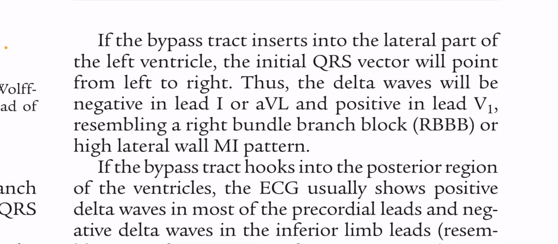Thus the delta waves will be negative in lead 1 or AVL and positive in lead V1, resembling a right bundle branch block pattern or high lateral MI pattern.